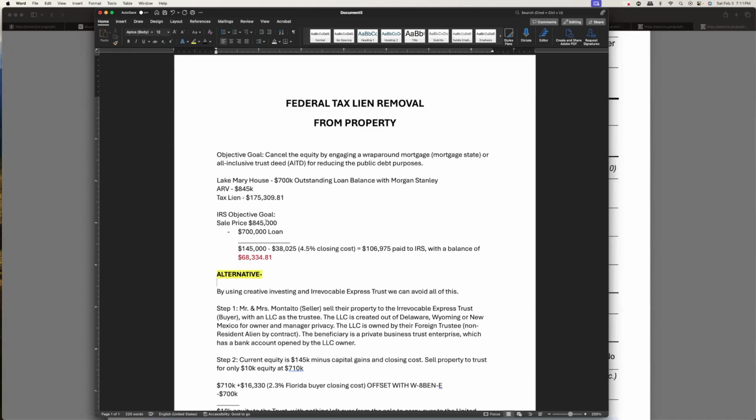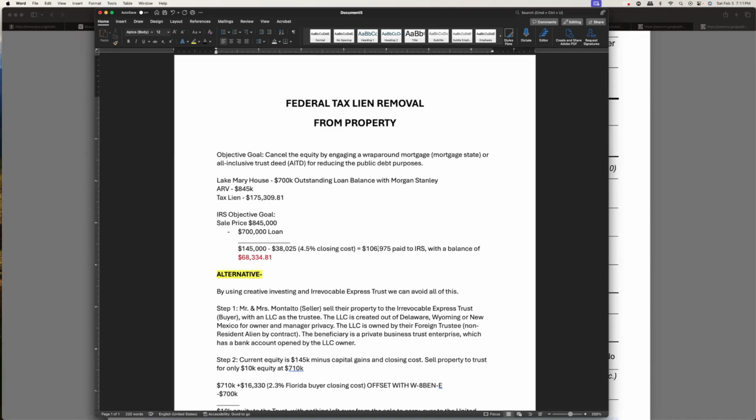So if that process was to take place, that sale would sell for $845,000 minus the $700,000 loan. We have $145,000 left over sitting on the table at escrow, minus, let's say, an average 4.5% closing cost, that's $38,000.